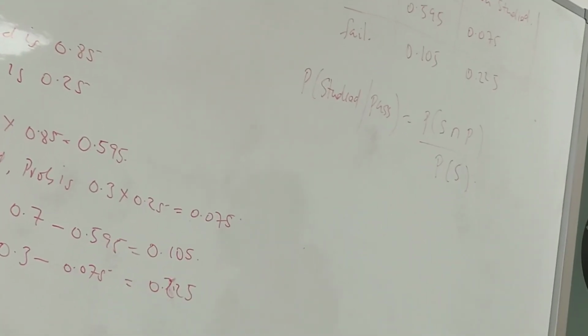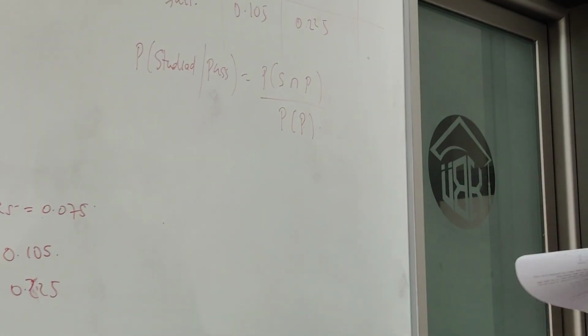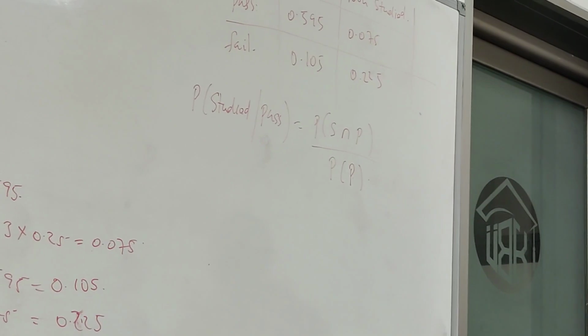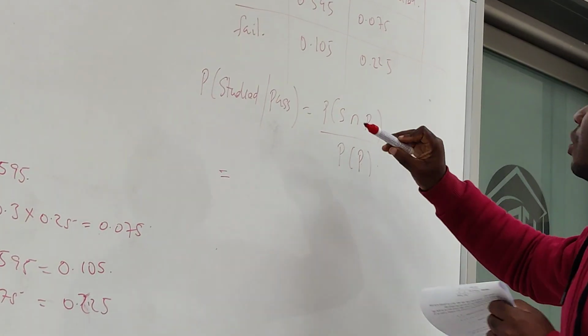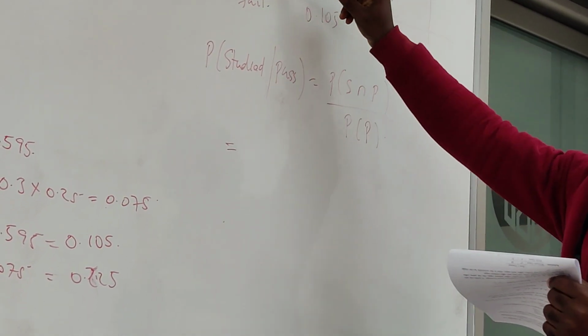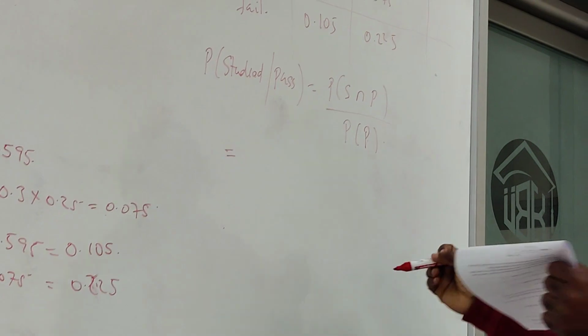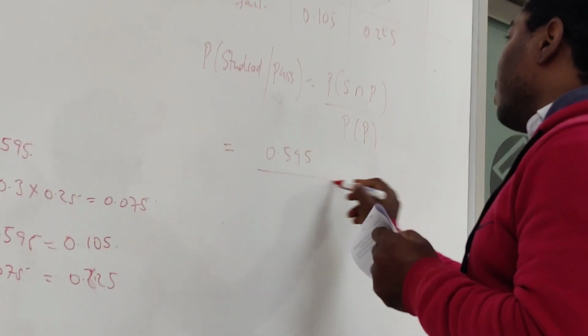So here we are going to have the intersection of study and pass. Okay? So here we have 0.595.